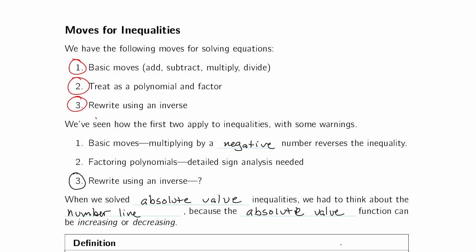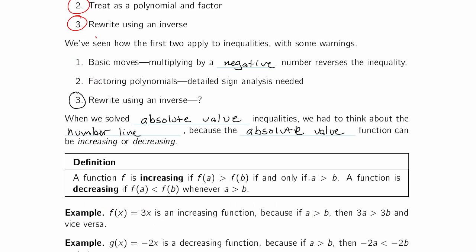Those are new terms. What do I mean when I say a function is increasing or a function is decreasing? If it's increasing, a bigger input gives us a bigger output. So if A is greater than B, f of A is greater than f of B, and the other way around.